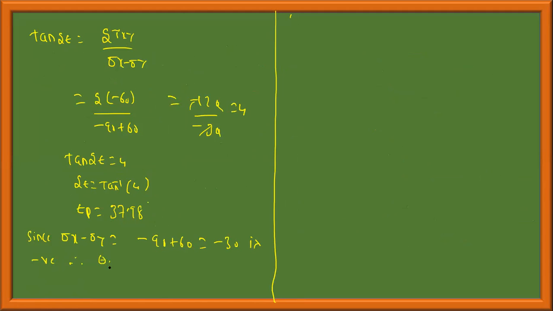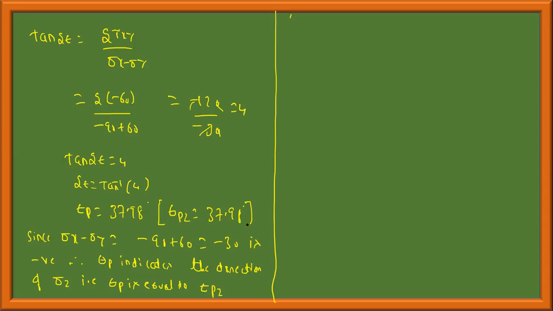Therefore theta p indicates the direction of sigma 2. This theta p is not theta p1, this is theta p2, 37.98 degrees.